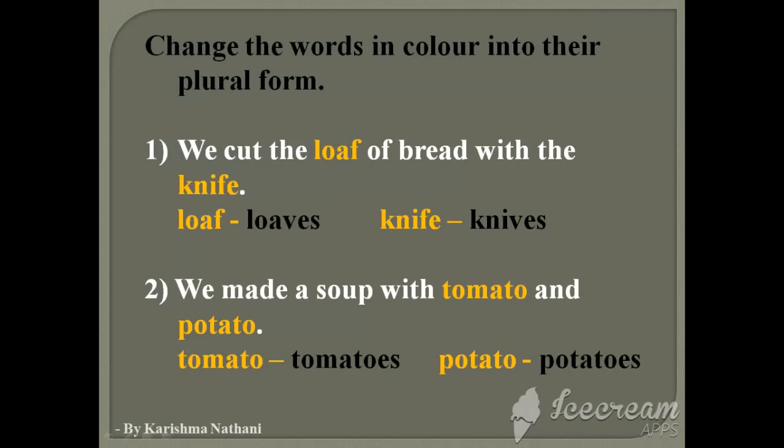So the plural of loaf is loaves and the plural of knife is knives. Second one, we made a soup with tomato and potato. Here tomato and potato are colored nouns. So the plural of tomato is tomatoes and the plural of potato is potatoes.